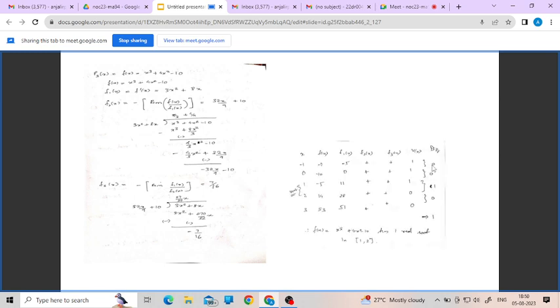If it were 1 for minus 1 and 0, you would get one real root between them, but here it is 0, so you are not getting a real root there.